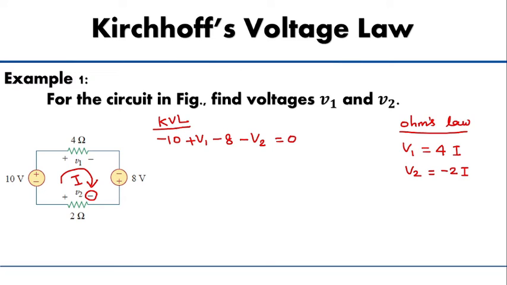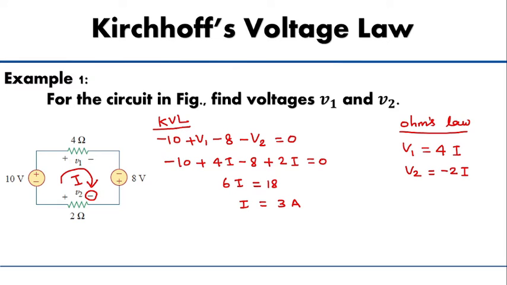By substituting V1 and V2 in the equation, we have minus 10 plus 4I minus 8 and minus V2, minus into minus plus, so plus 2I, which gives 0. Rearranging this equation, we get 6I is equal to 18 and I is equal to 3 ampere.